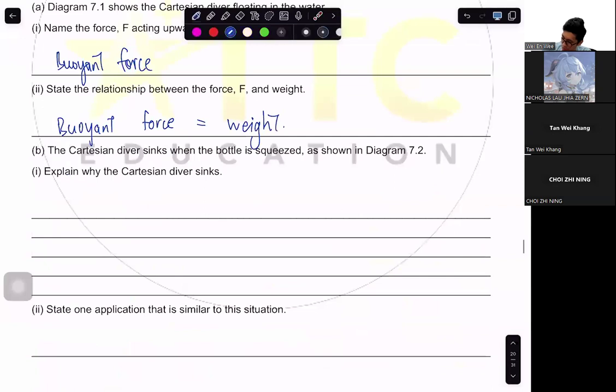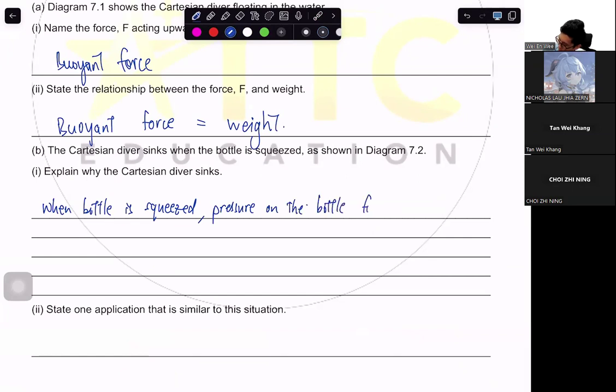So we will say, when the bottle is squeezed, pressure on the bottle forces water to flow into the Cartesian diver. I keep saying driver now. Cartesian diver.